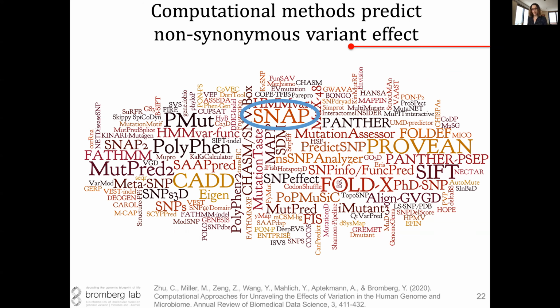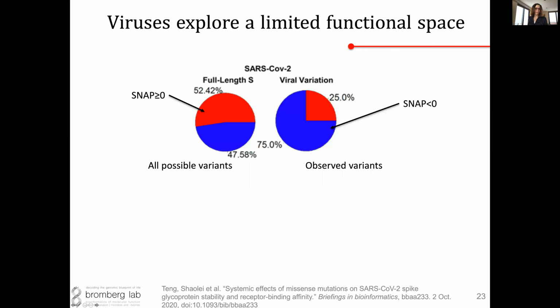And it's interesting in the sense that it makes predictions of the functional effects of the variant as opposed to any human relevant pathogenicity or anything like that. So it's literally making a prediction of the effect of the mutation. And this is not our work, but someone has taken the SARS-CoV-2 spike protein and evaluated it using SNAP.